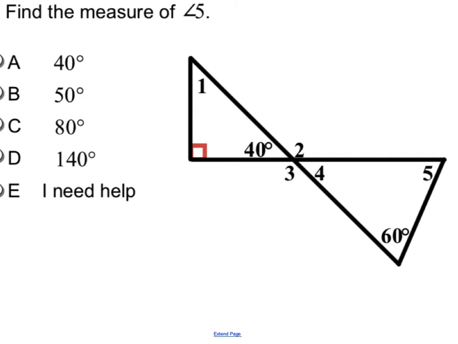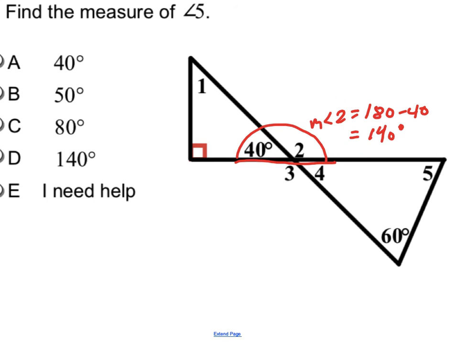I like to start where there is a straight line. I know a straight line equals 180 degrees. So the measure of angle 2 has to equal 180 minus 40, which equals 140 degrees. Now they're looking for angle 5.